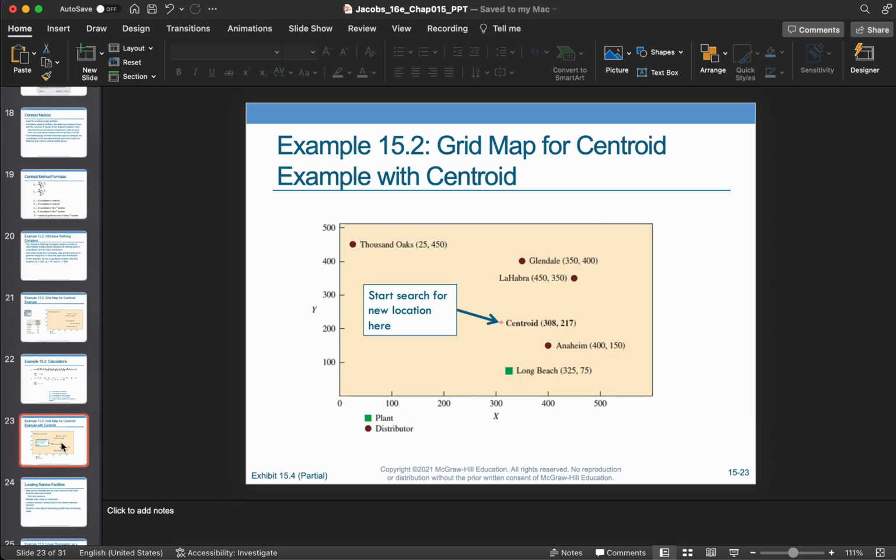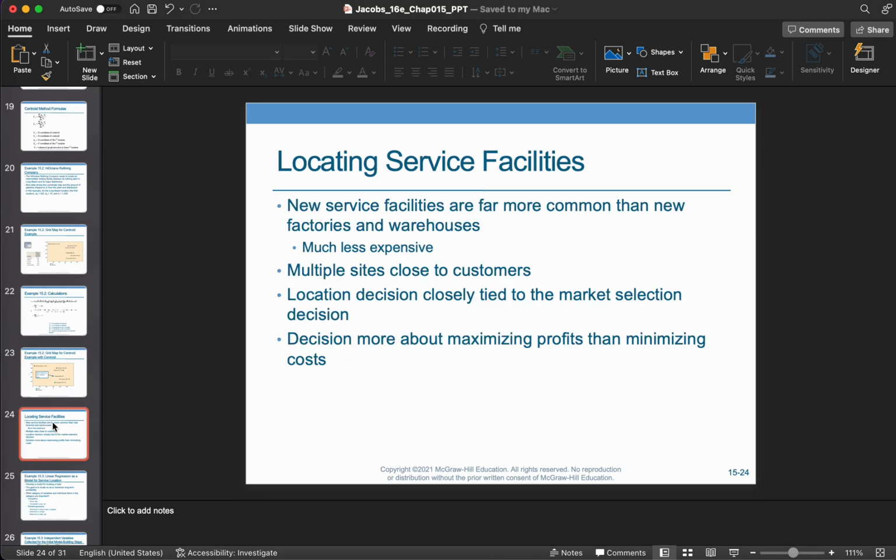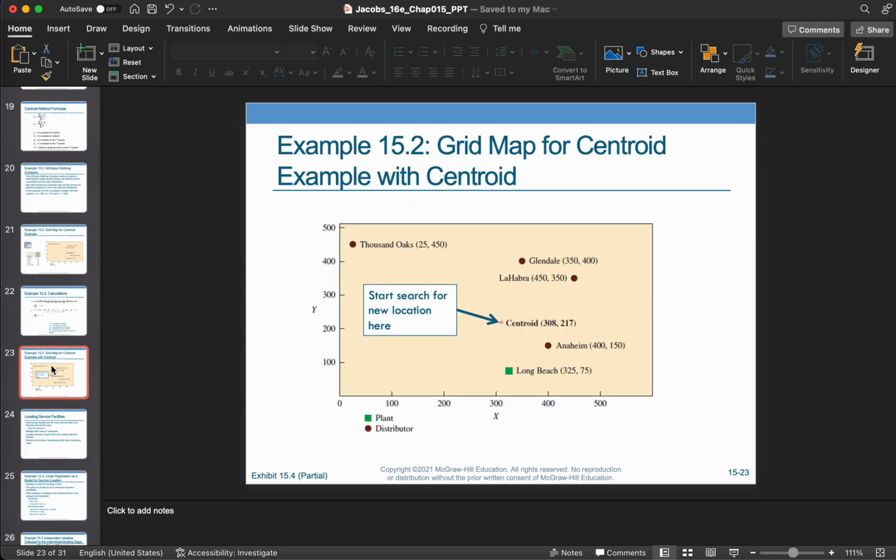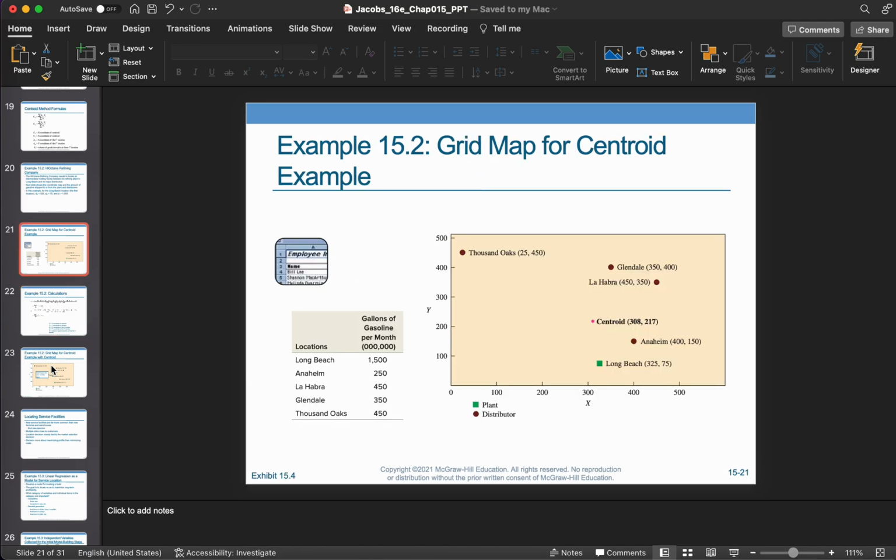You find the centroid, and this is where you start the search for a new location. The closer you are to the centroid, the closer you will be to minimizing the total cost, or total distance, however you look at it, between all of these different locations. And that's a simple way of locating these facilities.